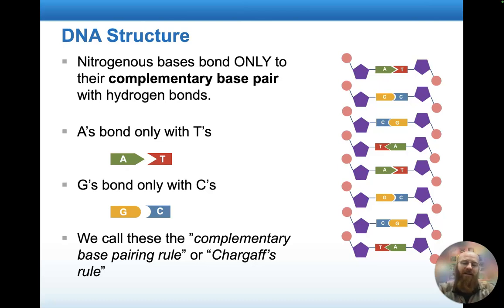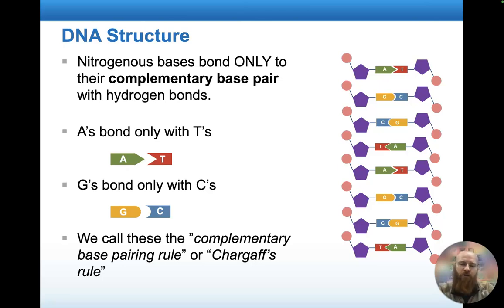And then you also always have guanines bonding only with cytosines. So G's and C's. And the easy way to remember that is car in the garage. So C with G, car in the garage. So apples in the tree, car in the garage.